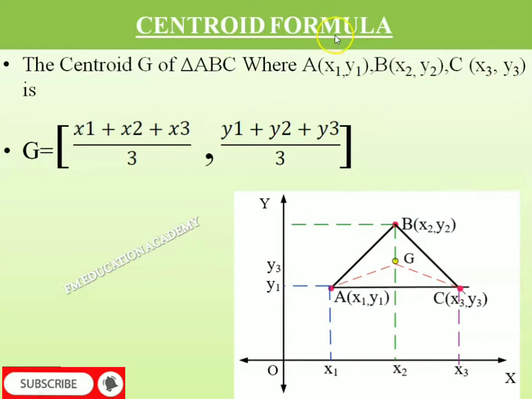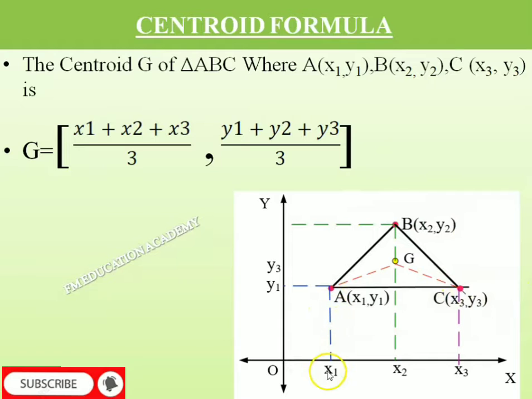Next is the centroid formula. What is centroid? Centroid is the point where the 3 lines from the 3 vertices, when extended, that is BG, AG and CG, meet at the center of the triangle. That is called the centroid and it is indicated by G. Suppose the first vertex of this triangle is A (x1, y1), the second vertex is B (x2, y2), and the third vertex is C (x3, y3).